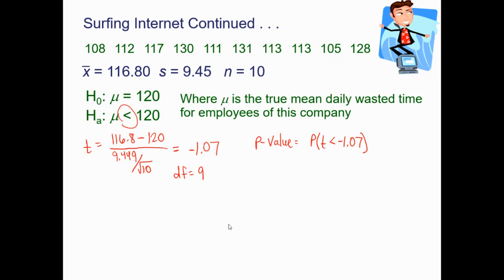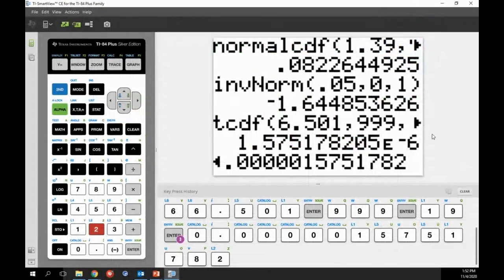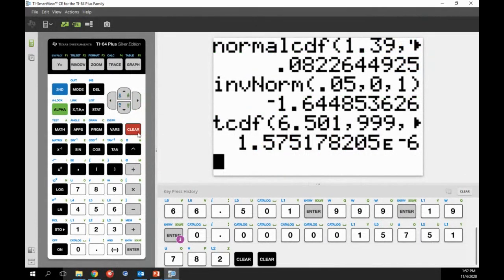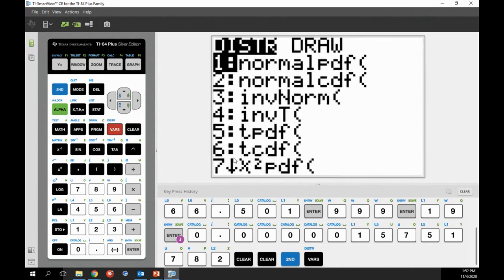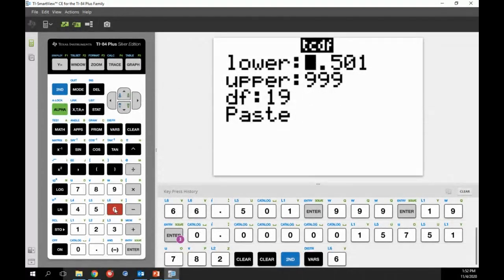Okay, so with that, let's go to our calculator. Plug in 9 degrees of freedom and our range of values that we want. Okay, so second VARS, go to tcdf. I want to be less than negative 1.07.